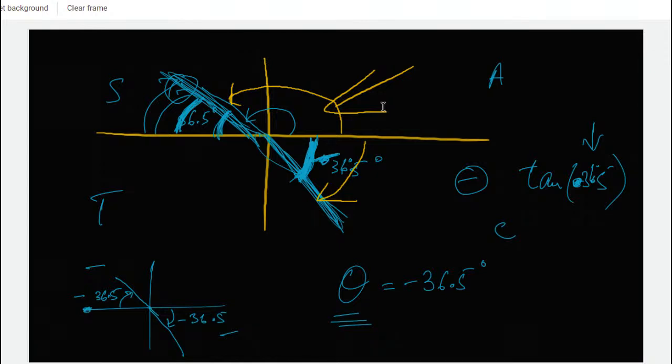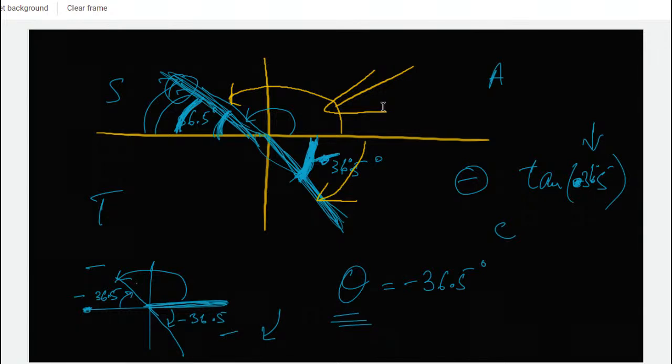Eventually, when I have to calculate the angles, I have to calculate all of them from over here. So if I'm going from here this way, minus 36.5, and clockwise I'm taking as negative, anti-clockwise I'll take as positive.